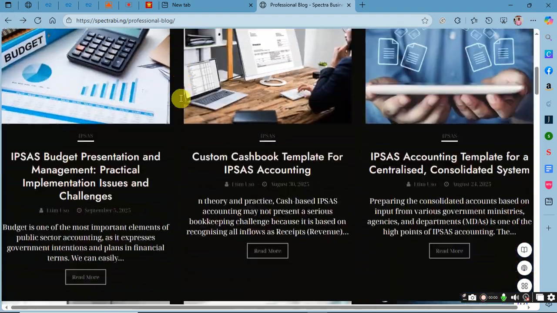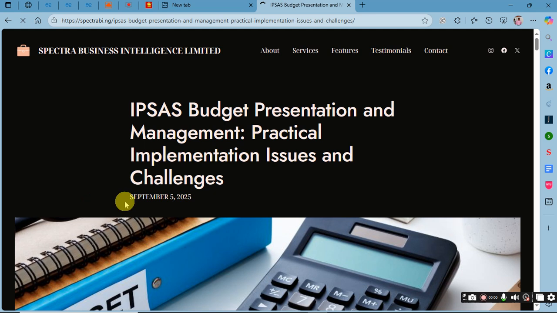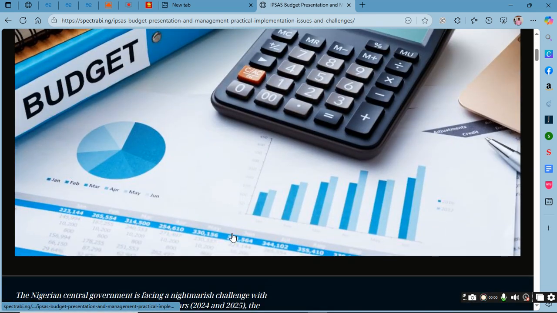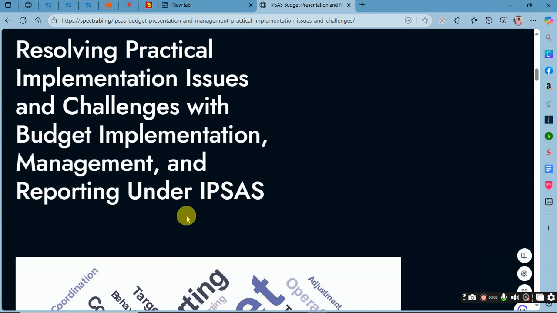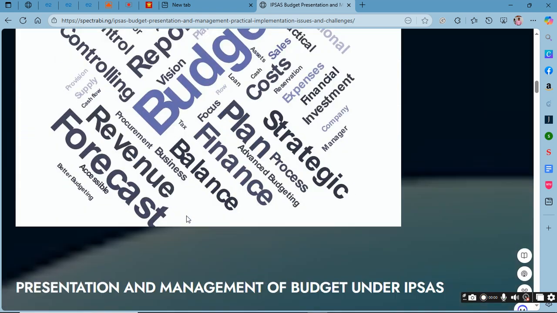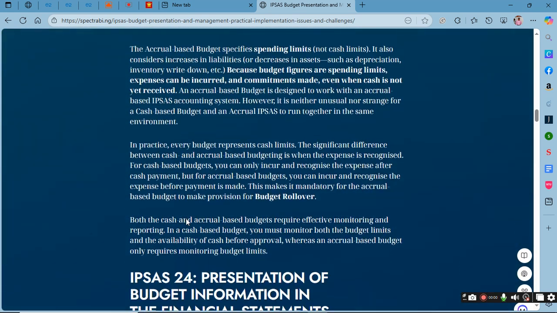You can also, there's the latest blog post here, IPSAS budget presentation and management, practical implementation issues and challenges. So you go here, you will see that there is a whole lot of practical and theoretical information on budgeting. You understand the difference between cash-based budget and the accrual-based budget.